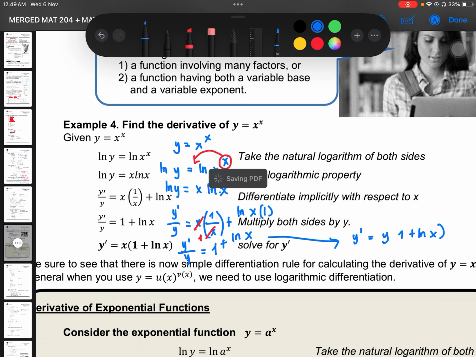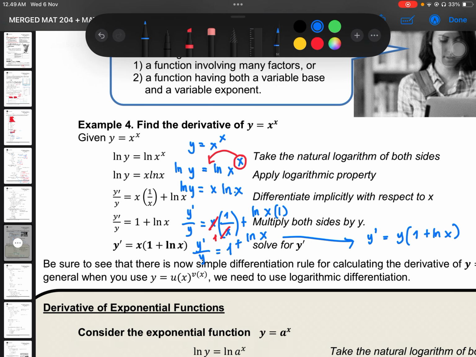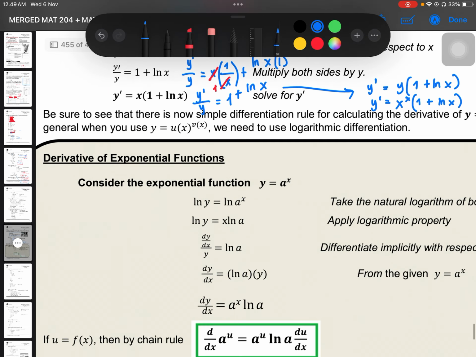Actually, this is x raised to x. Parang pinagpalit lang natin, nilipat lang natin si x raised to x. Okay? So, ibig sabihin, this is y prime is equal to x raised to x, 1 plus ln of x. Okay? So, yan yung ating final answer.